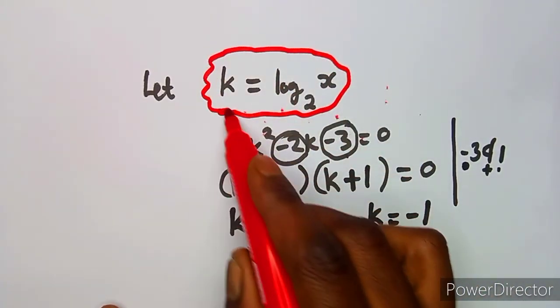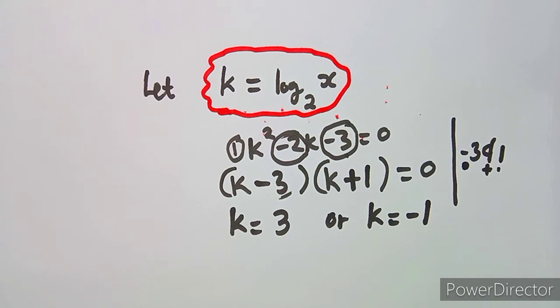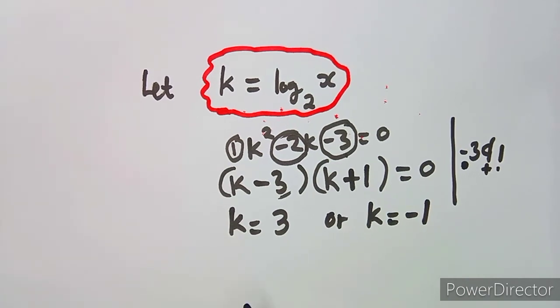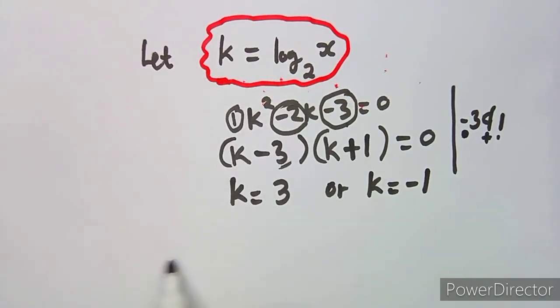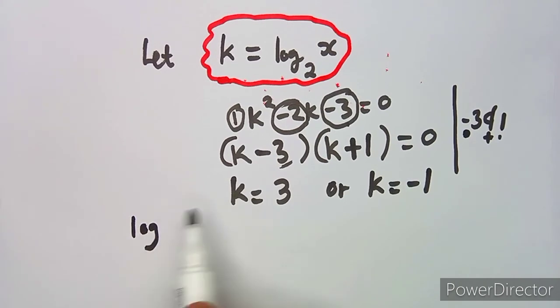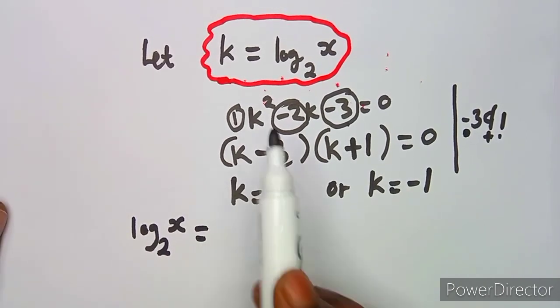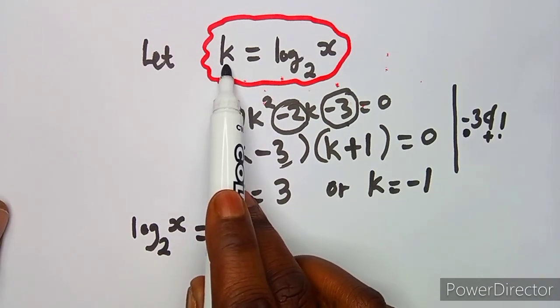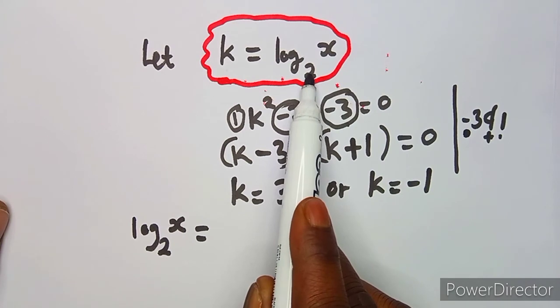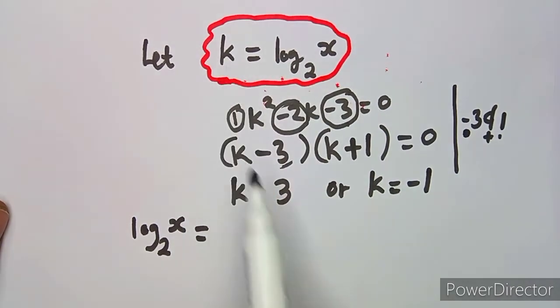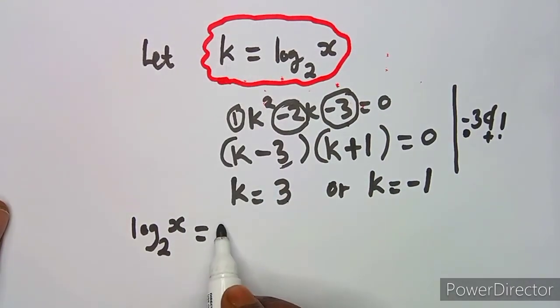So therefore, we must go back to that part where we said let k be equal to log x base 2. Remember, we said let it be equal to k. So log x base 2 is equal to k, and our k is 3. So we are going to equate to 3.